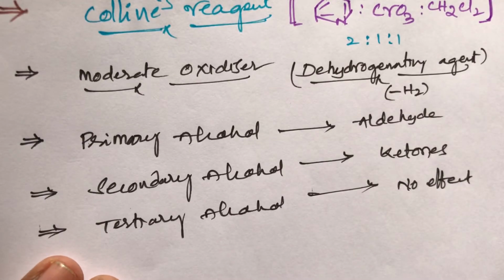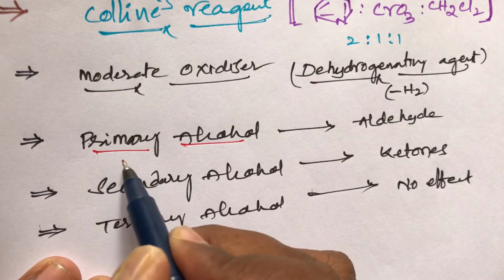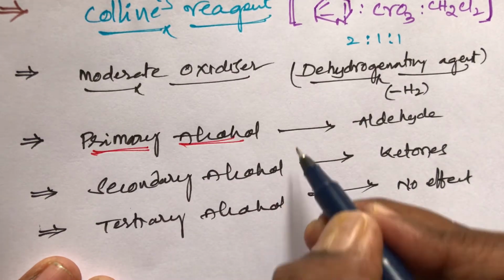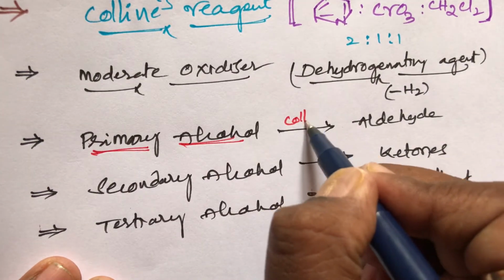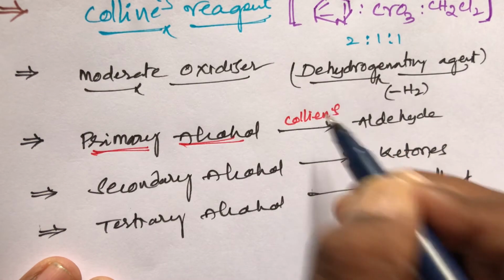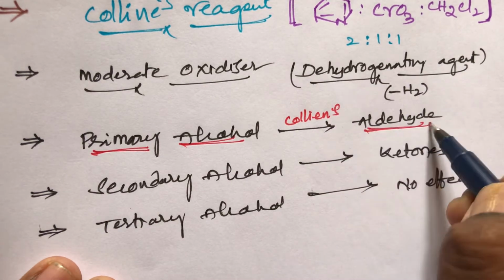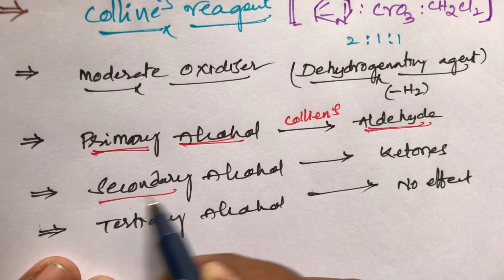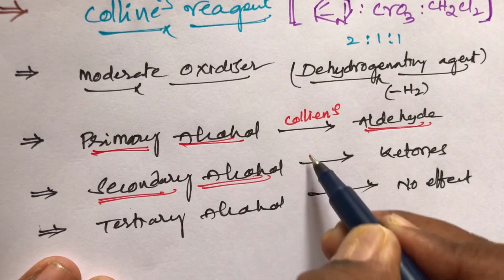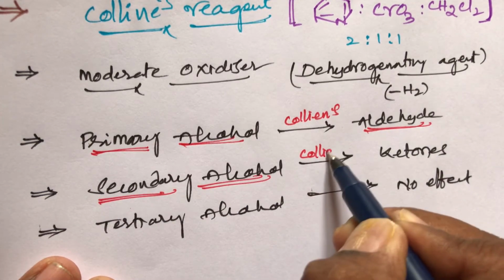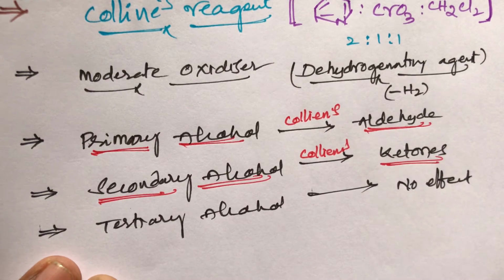This is a simple trick, student. When primary alcohols undergo oxidation with Collins reagent, aldehyde will be formed. When secondary alcohols undergo oxidation with Collins reagent, ketone will be formed.